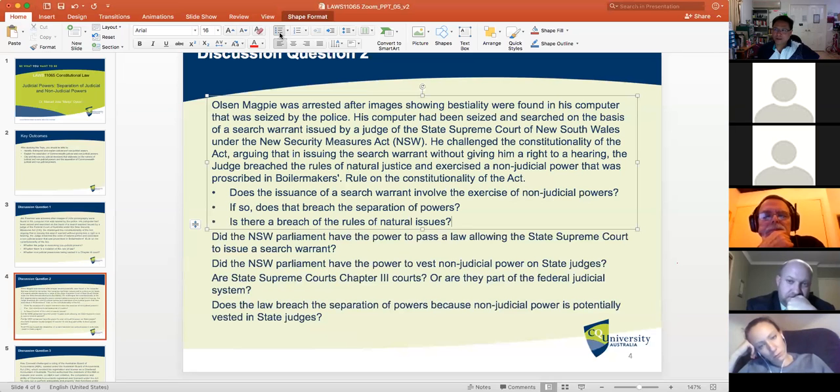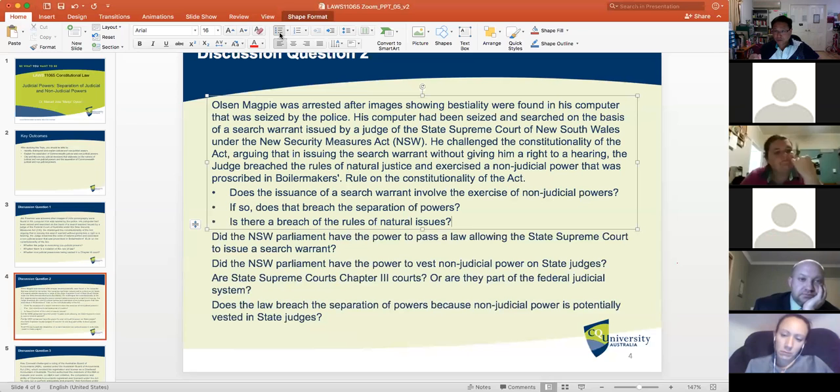Okay, yes. So can somebody try to answer that second point? Do we adopt the same rules here? So we're now going to the second question. If the state judge is exercising non-judicial powers, does that constitute a breach of the separation of powers in Australia? So that's the second legal issue.